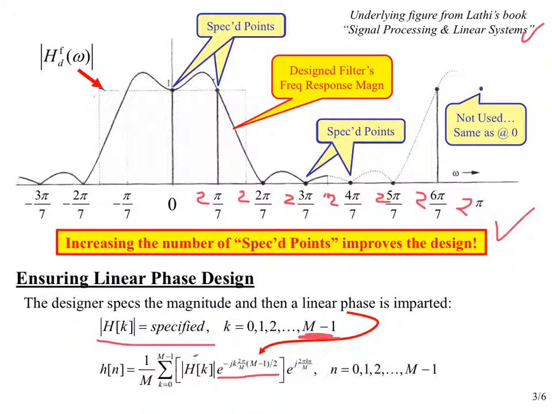So we would have our magnitude values out in front, we'd have our linear phase term, and this comes from the machinery of the DFT. And so that would ensure that we would get the appropriate linear phase out of this.